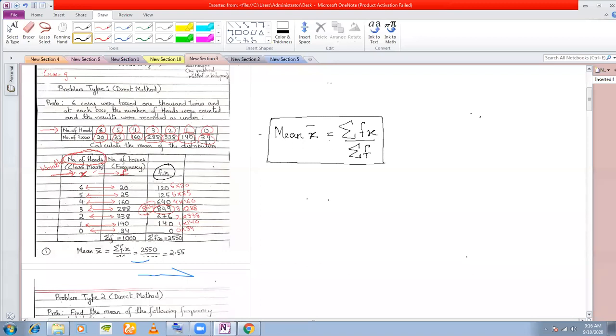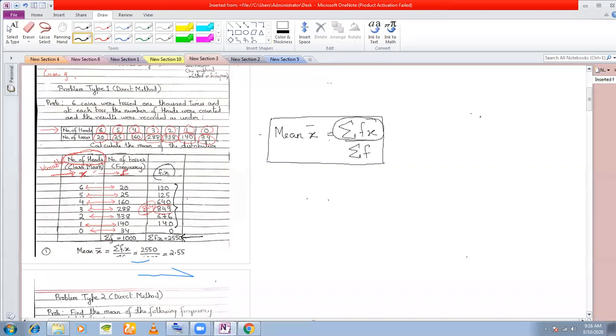So now once we have calculated fx for each and every row, we want to calculate summation fx. Remember I told you that summation is nothing but addition. So you add up this entire column. Okay, mine is wrong, I think. So 864 it should be.